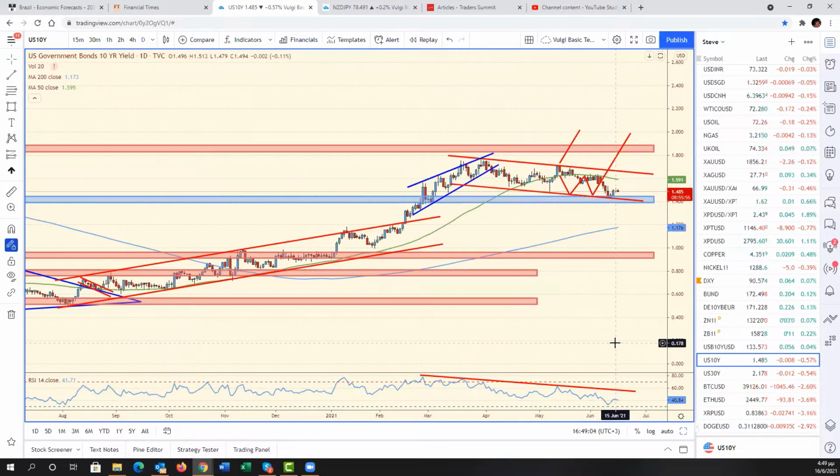So if I had to look at this chart and make an educated assumption of what could happen following the Fed, I would say it would be a very good point in time for this correction to be over and see another leg higher. Let's see.